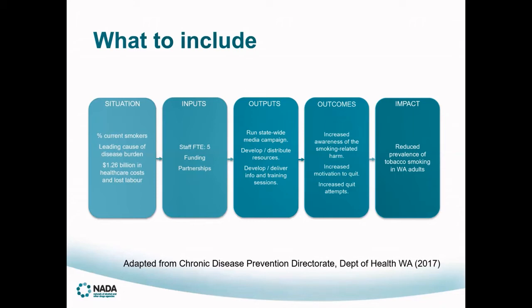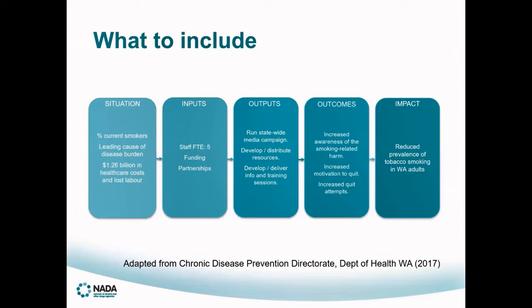The outcomes are the changes or benefits for individuals, families, communities, etc. So here I've just condensed it into the short and medium term outcomes in one box, and then the longer term impact into a separate box, just to see how one connects to the other.